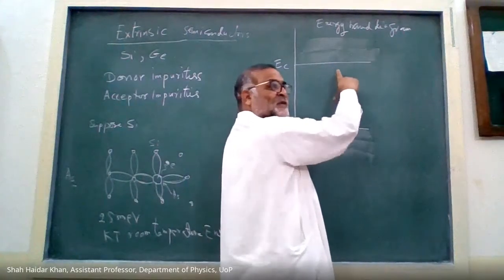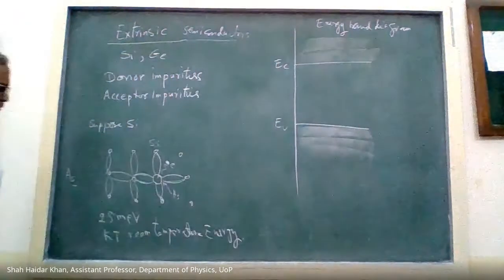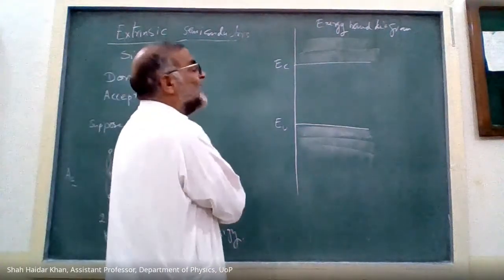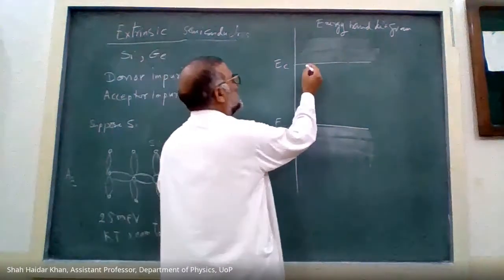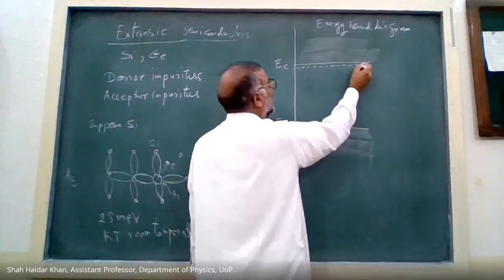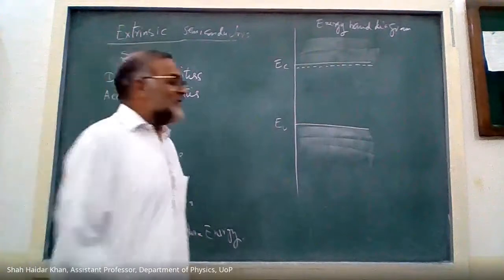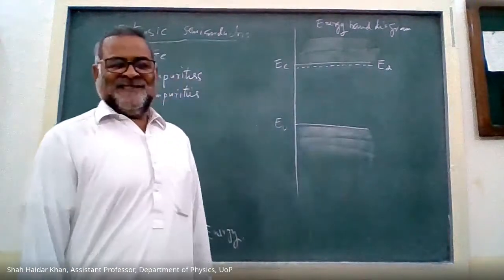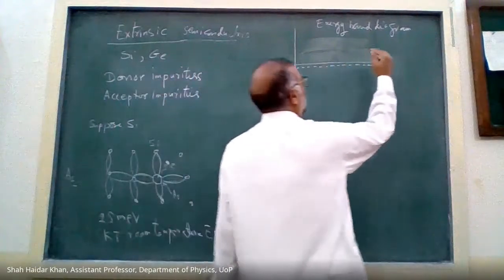States are not allowed. This is forbidden. So we said that the introduction of an impurity in pure silicon, and that impurity is pentavalent from group 5, introduces small energy levels close to the conduction band. We call those levels donor levels.